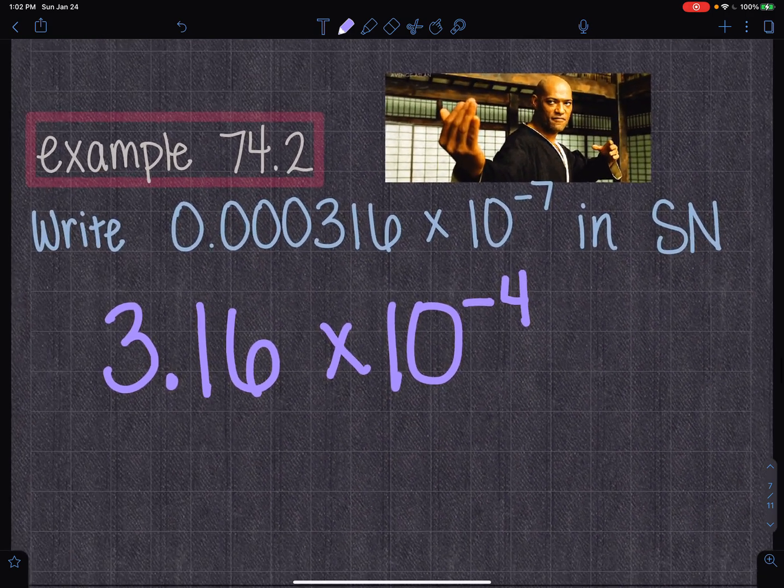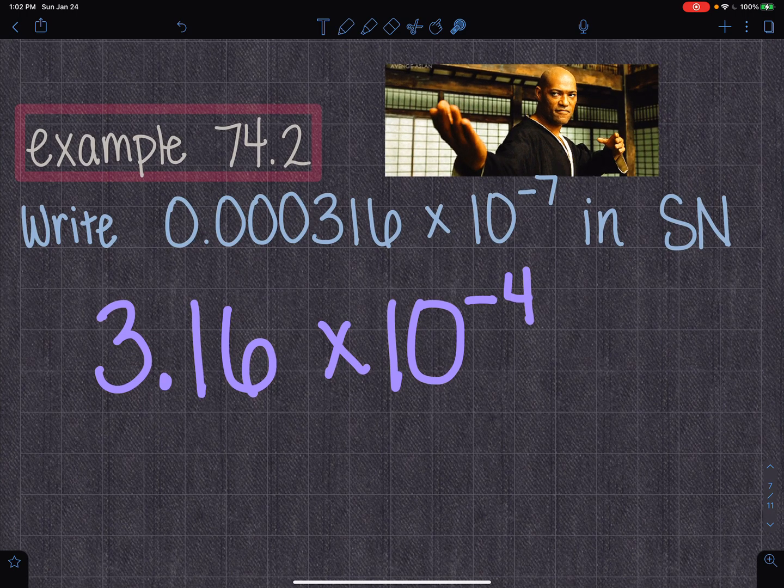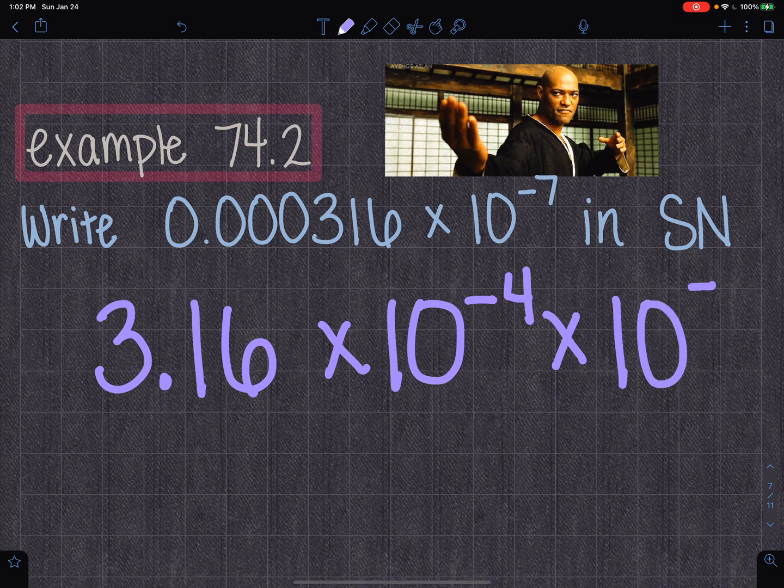Okay? Now, I'm going to take this thing that I was ignoring before because it's still part of the original problem, and I have to multiply that back in times 10 to the minus 7. So now I've got 3.16 times 10 to the negative 4 times 10 to the negative 7. What do you do with exponents that you multiply together like that?